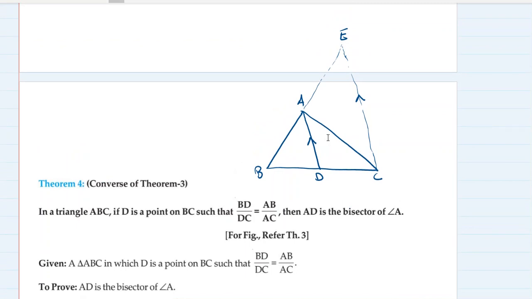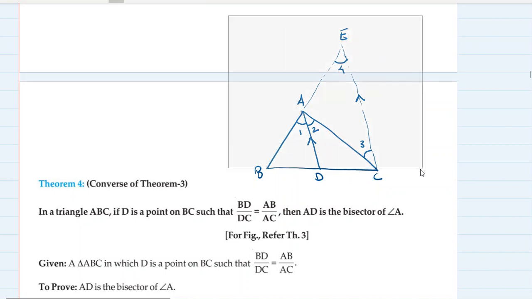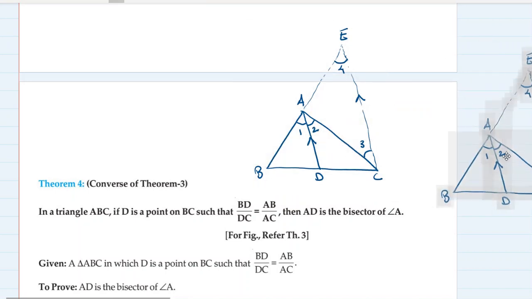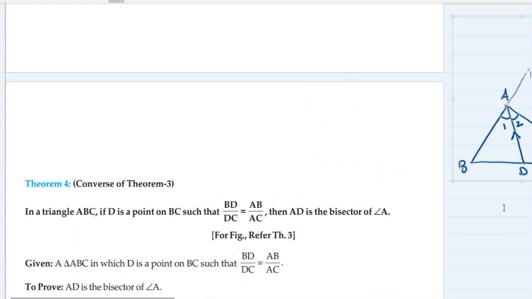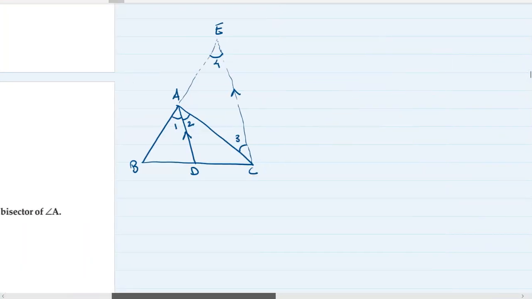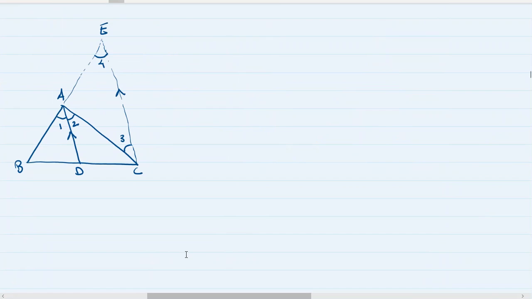We have to prove that these two angles are equal. So let me name them 1, 2. Let me name this angle as 3, and this angle as 4. Everything is just like before. Now let me take this figure to the right side and prove this. Now we have a figure and we have ample space to prove it.